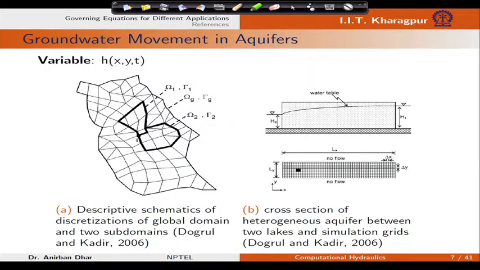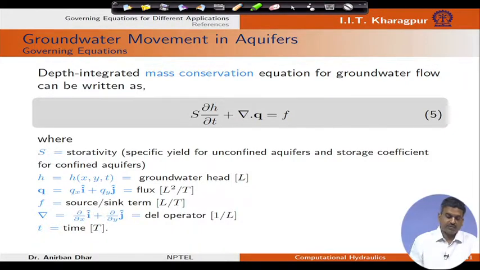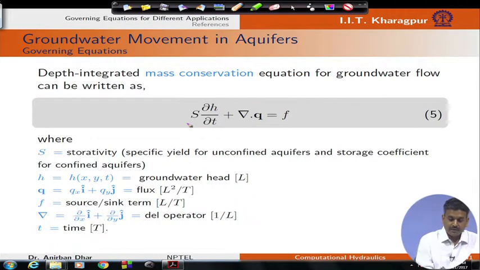If we talk about groundwater movement in aquifers, then we need to define the conservation of mass, that is the depth integrated mass conservation equation for groundwater flow, where S is our storativity term; for unconfined aquifer it is specific yield, for confined aquifers it is storage coefficient.